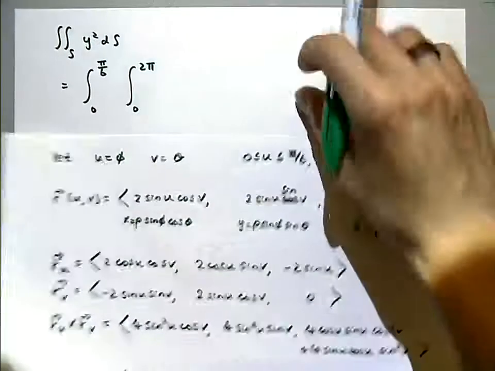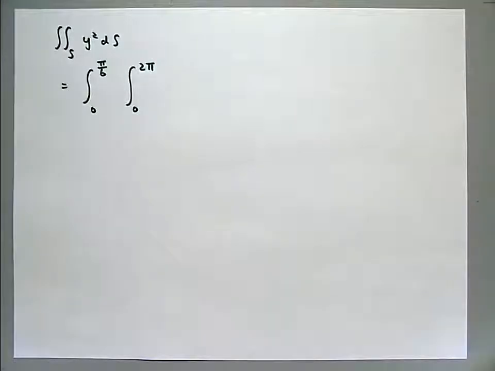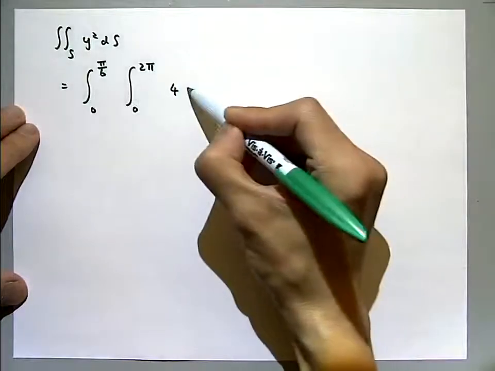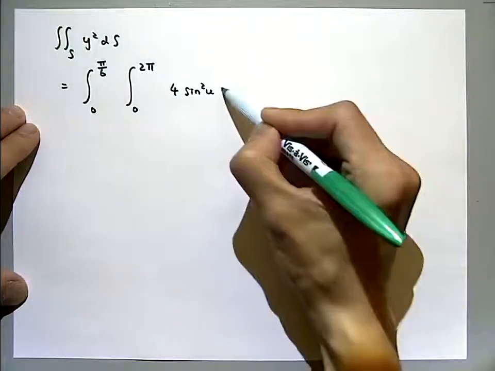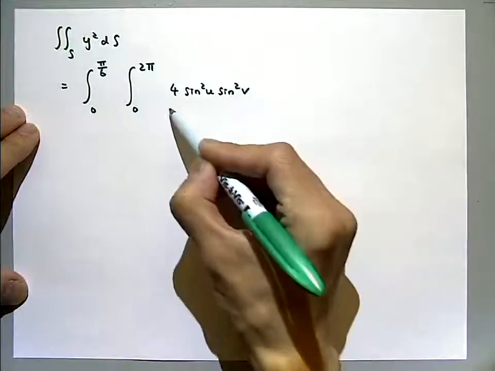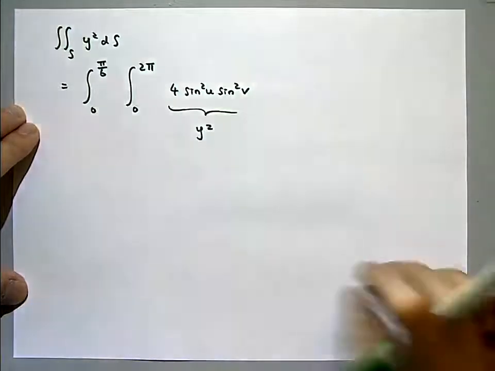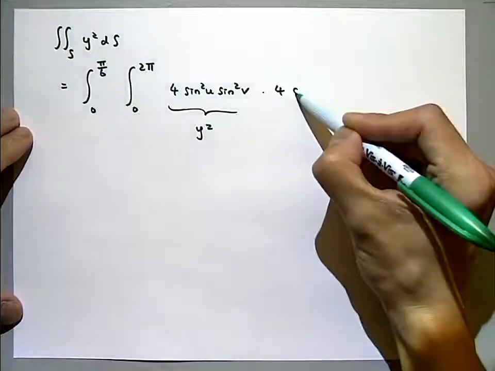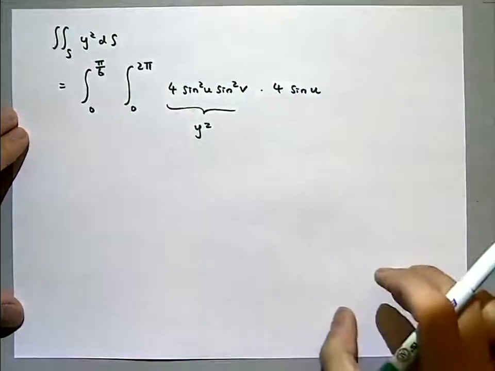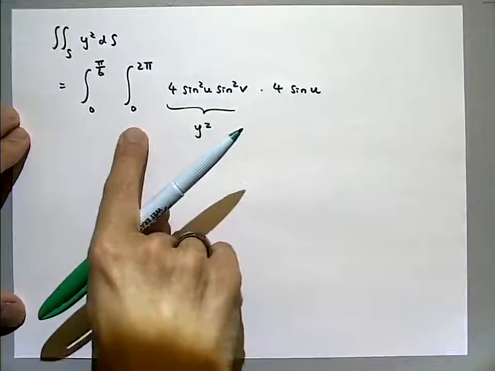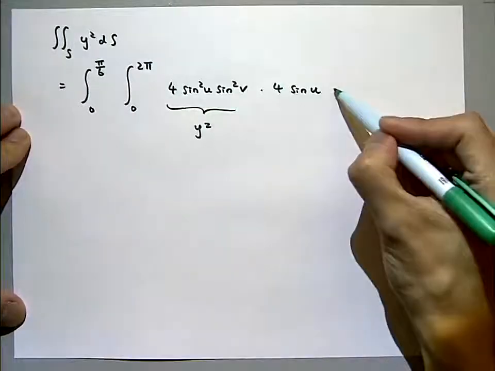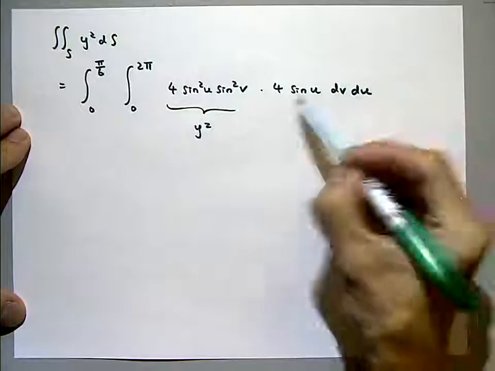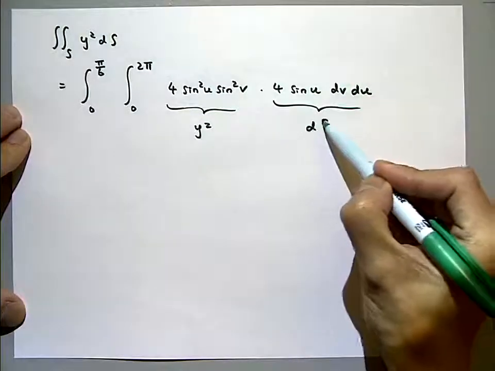We want to square that. So that's a 4 sine squared u sine squared v, right? This is our y squared. And then dS is the magnitude, 4 sine u, and then dv du. That's my big dS.